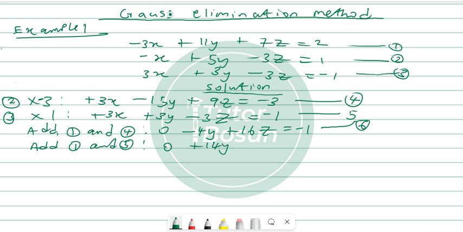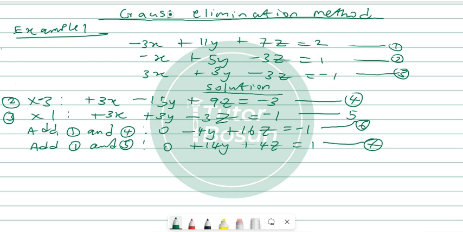If you add 7z with minus 3z, that gives you 4z. And if you add 2 and minus 1, that gives you 1. So 14y plus 4z equals 1. Let's call this equation 7.